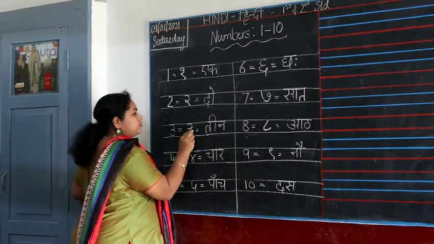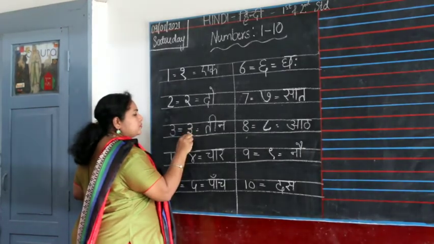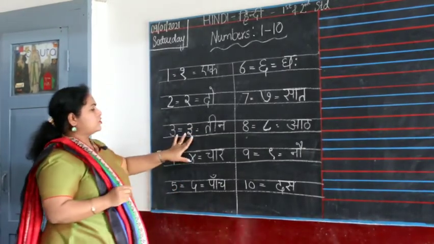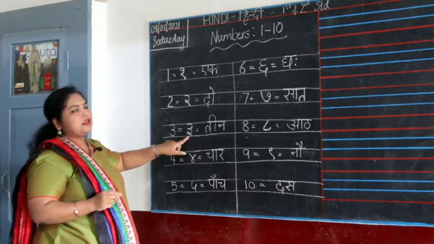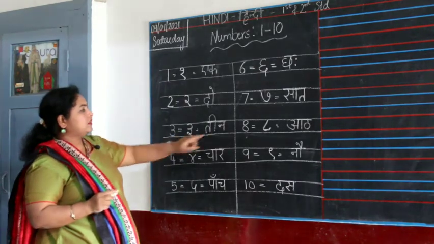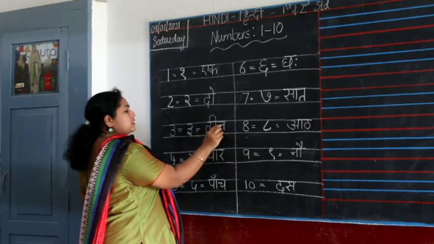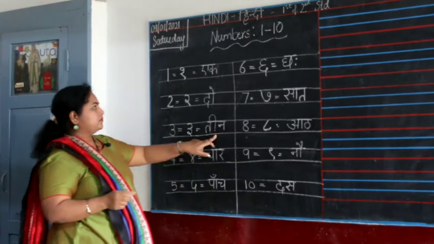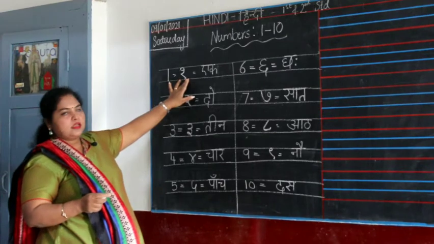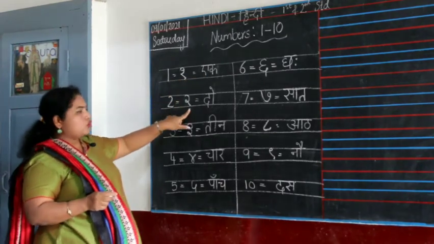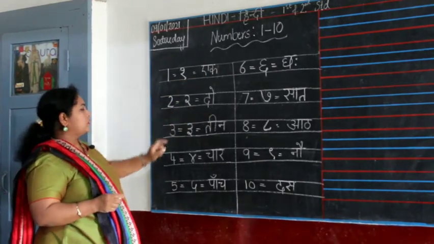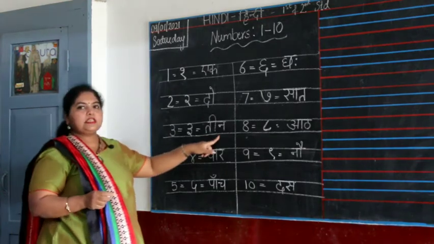You put a knot and drag a tail there. That's your 3. Teen. Teen is written in letters T with E ki matra and na. So this is 1, ek. Do, 2. 3, teen.